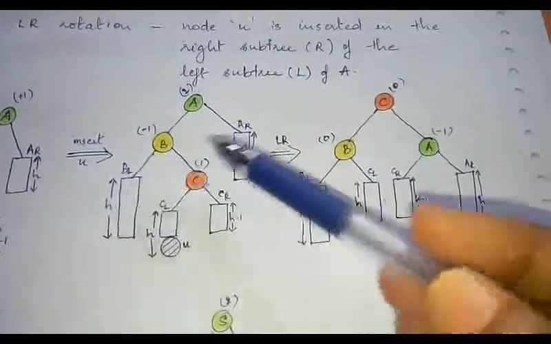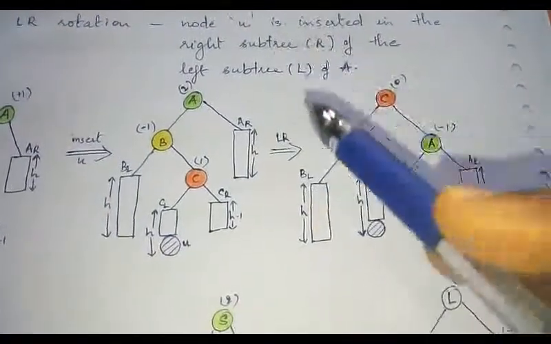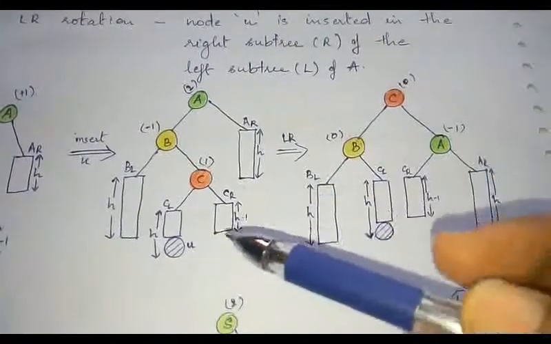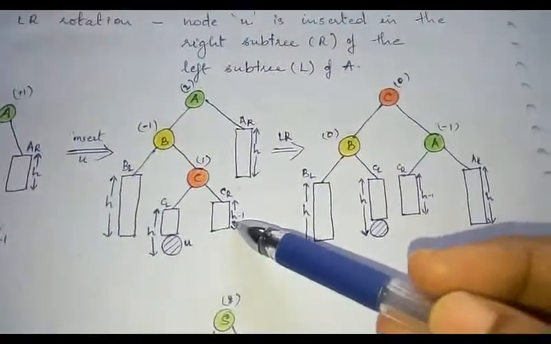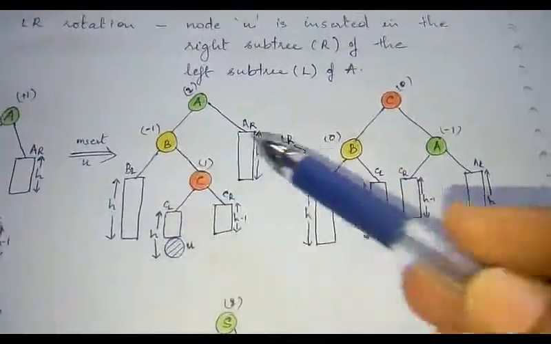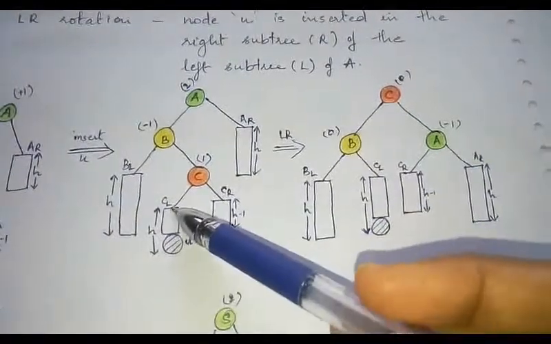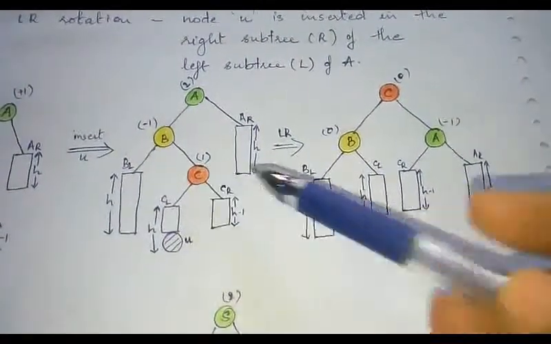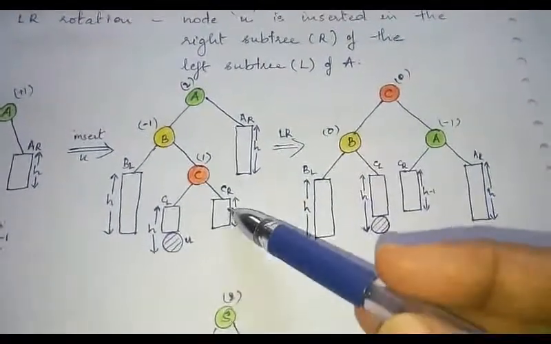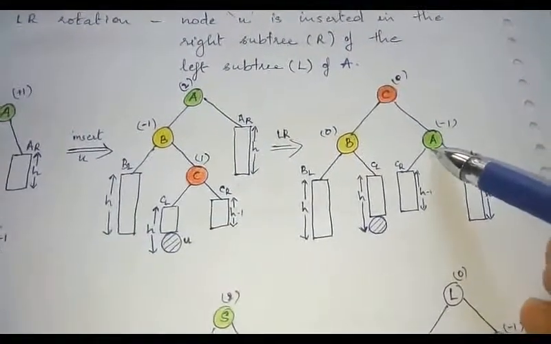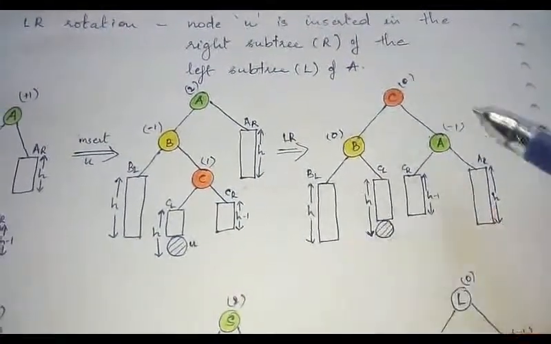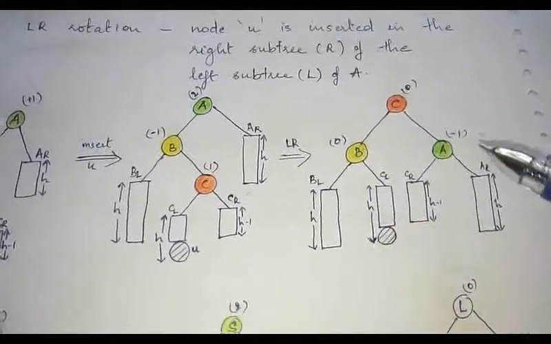So the left will be as it was before, but the child nodes of C will have to be split between these two. That is, the left subtree of C will be attached to B and the right will be attached to A. So this is how the tree becomes after LR rotation.